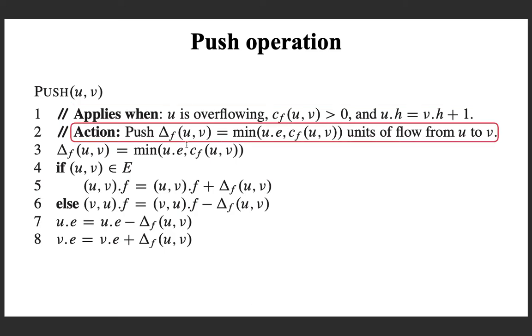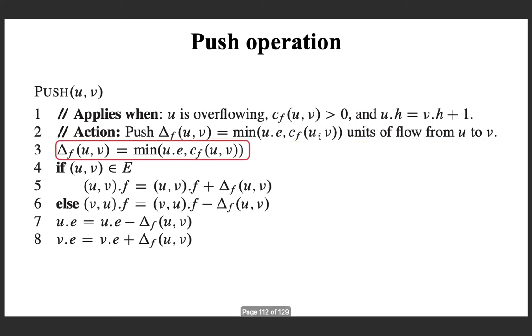You have to push a flow. What is its value? It is represented by this notation. The value of the flow you are trying to push along this edge should be the minimum of the capacity or the excess flow, whichever is less. If the capacity is more than the excess flow, you discharge the complete excess flow, or you can only send a maximum of the capacity. You can easily see that.